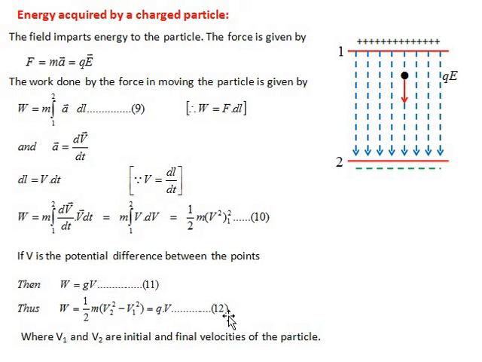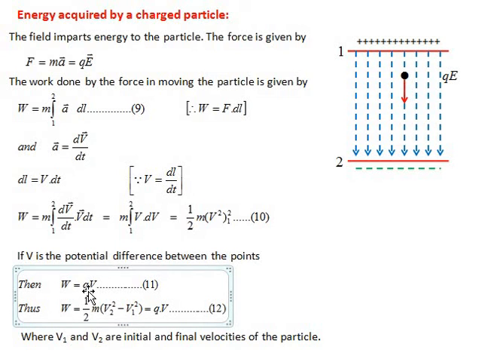Call this equation number 12, where v1 and v2 are the initial and final velocities of the particle. Therefore W is equal to qV, substituting the limits from 1 to 2, 1 by 2 m into v2 square minus v1 square.